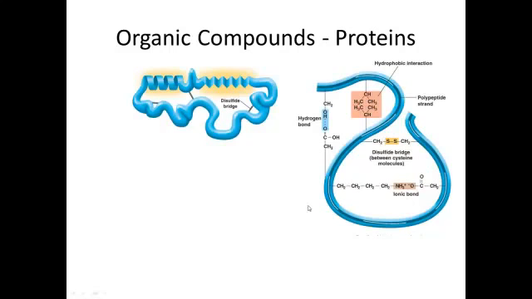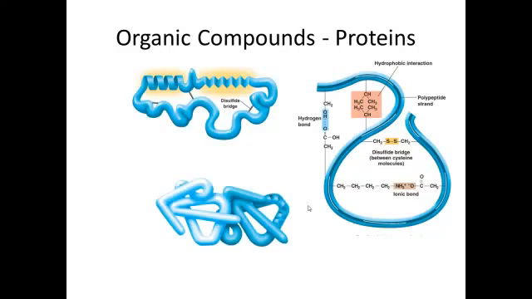Now sometimes you can take two different strings, two different primary structures, and put them together in what we call a quaternary structure. So you'll notice that we have two subunits for this protein. We've got this subunit over here, we've got this subunit over here. In this example, they're the same subunit, but the protein isn't functional until the two subunits come together.